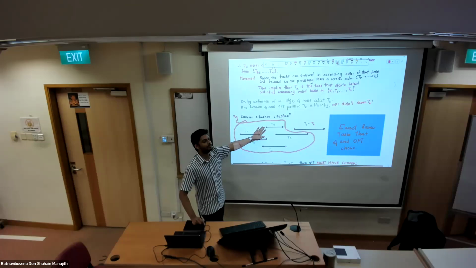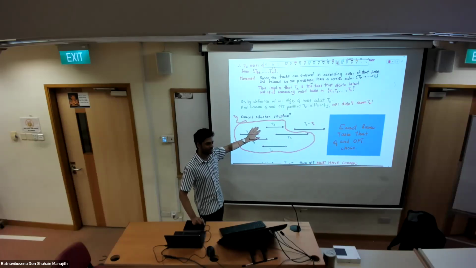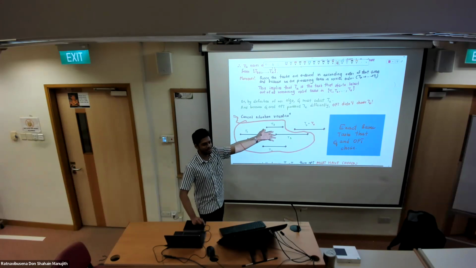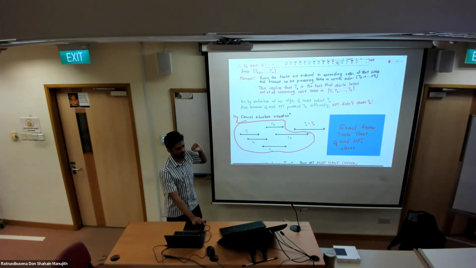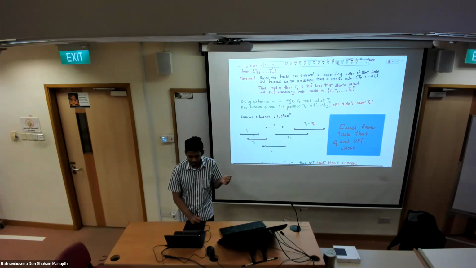If OPT never chose any task from T1 till T5, can OPT be optimal? No, because there is some solution that chooses strictly more activities than OPT. Therefore, OPT must choose at least one more activity from these.